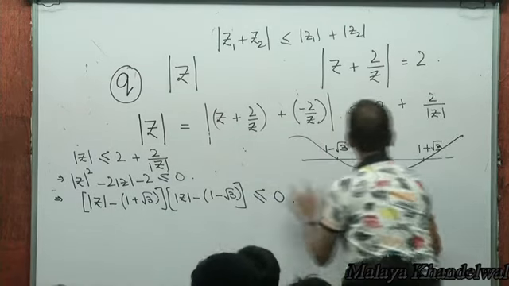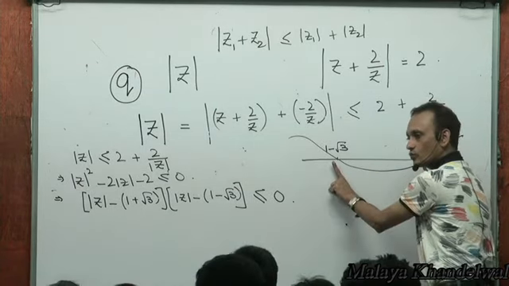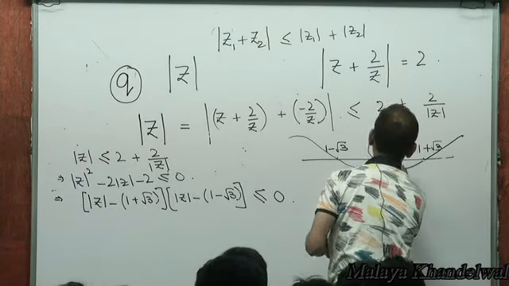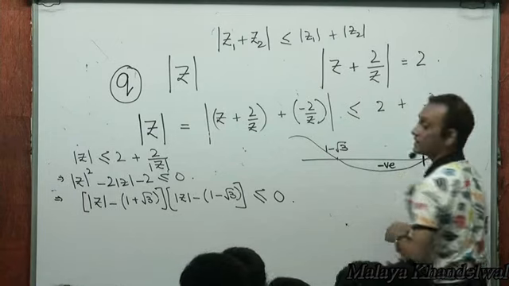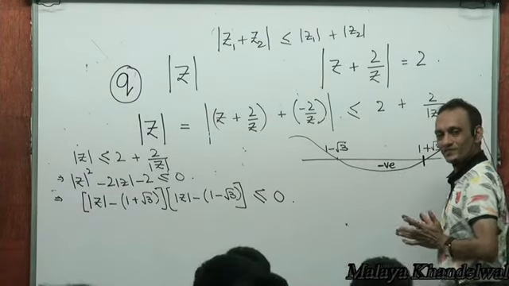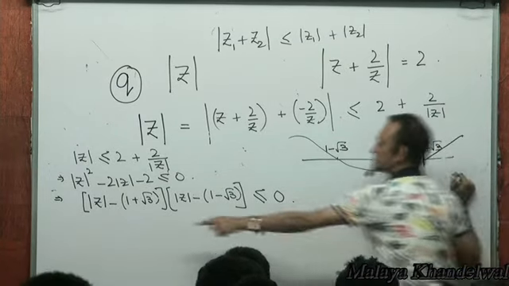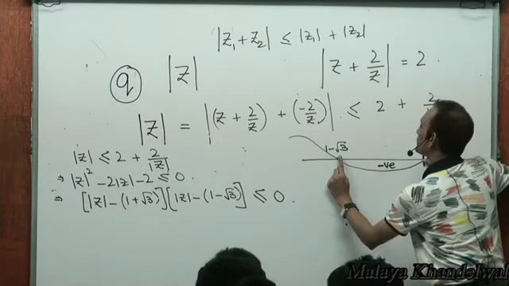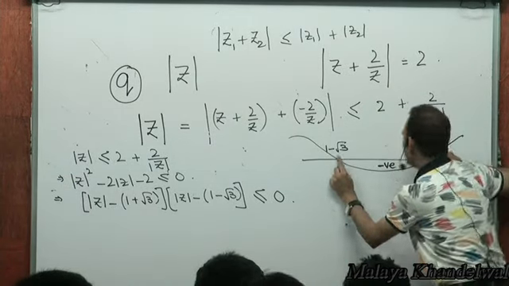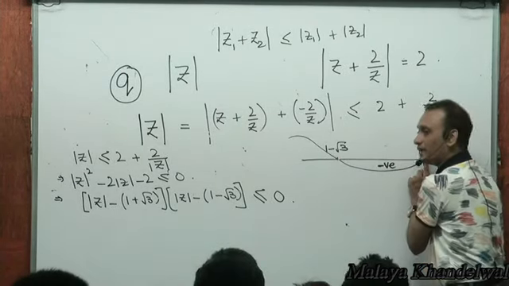This product will be negative in this interval, yes or no? Therefore, in this interval, this is the largest value of mod z. If this condition has to be true, mod z will be confined to this region, and in this region the largest value of mod z would be this.